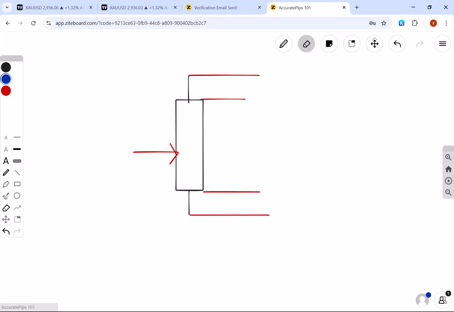Now, when we take this particular one I've drawn here, I'll represent it as a bullish candle. Okay, so let's say this is our bullish candle. So I'm going to label the parts for the bullish candle. When I'm done, I'll do same for the bearish candle.